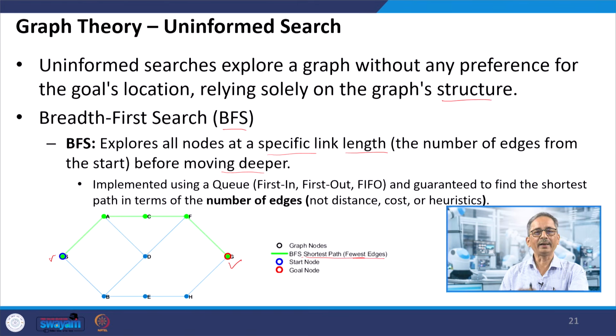This concept uses a queue, that is first in first out, and it guarantees to find the shortest path in terms of the number of edges, not in terms of the distance or cost.